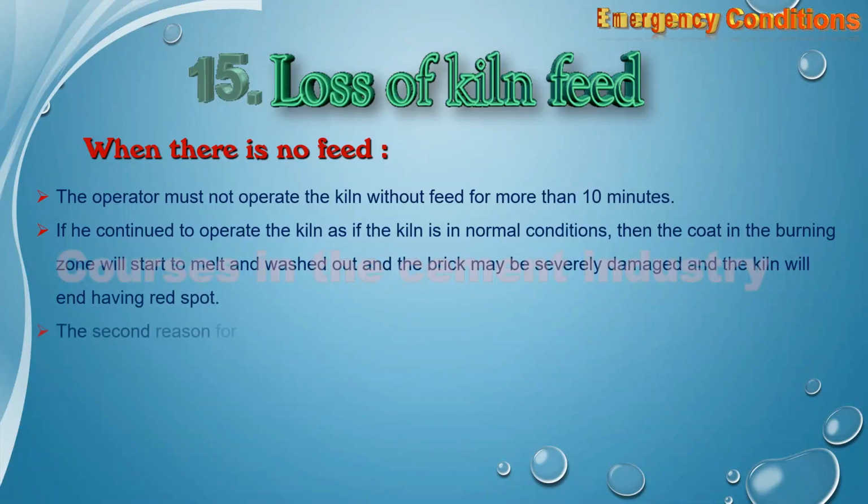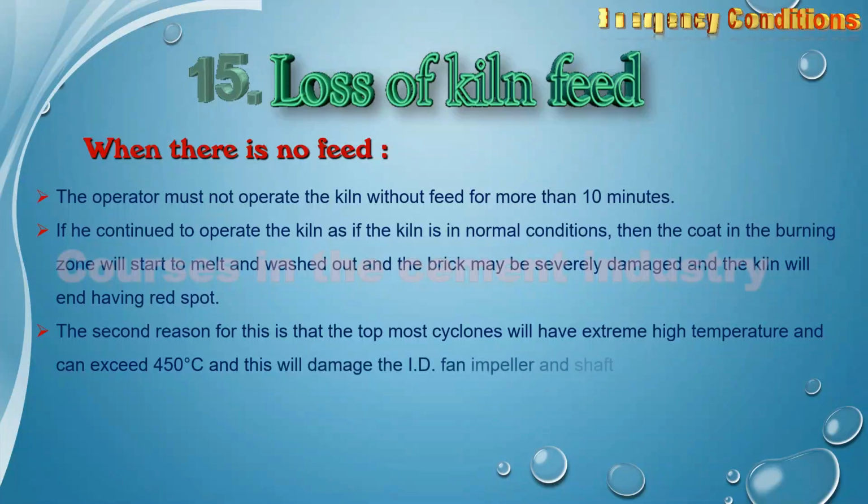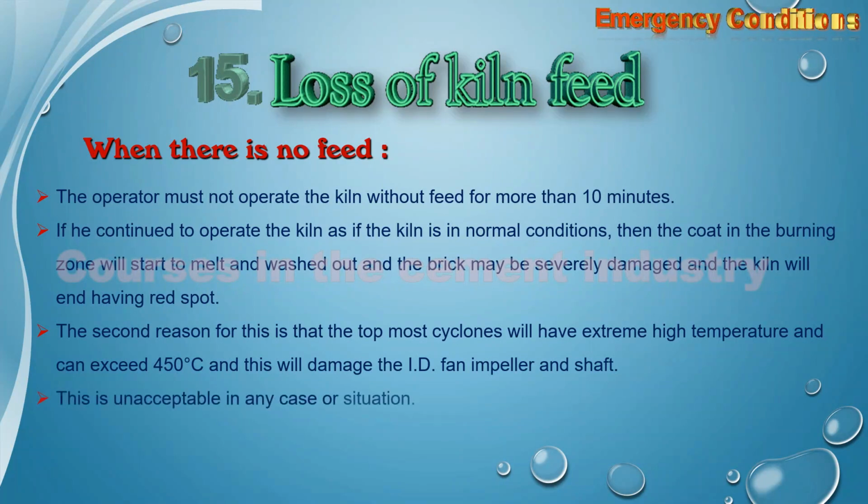The second reason for this is that the top-most cyclones will have extremely high temperature, which can exceed 450 degrees C, and this will damage the ID fan impeller and shaft. This is unacceptable in any case or situation.